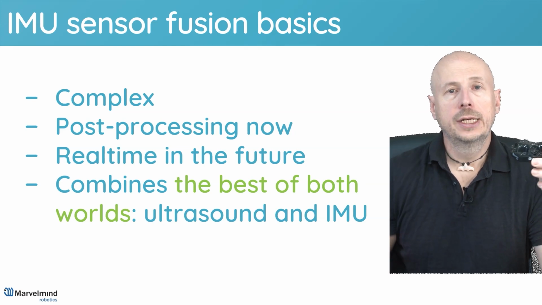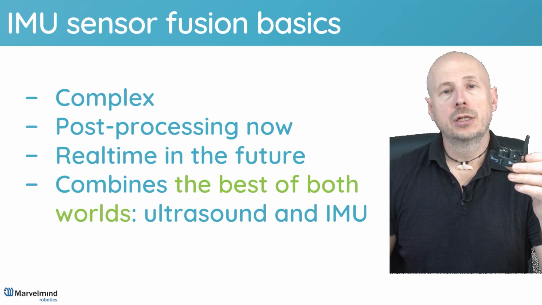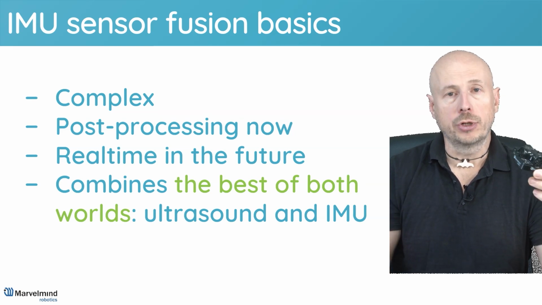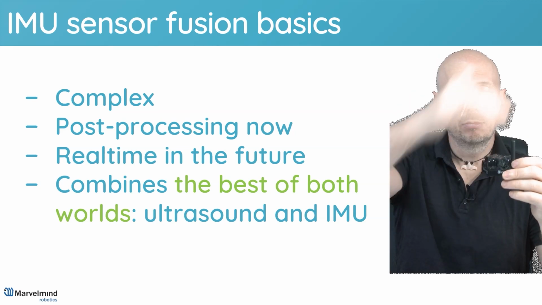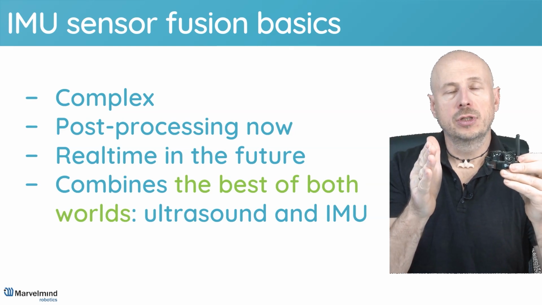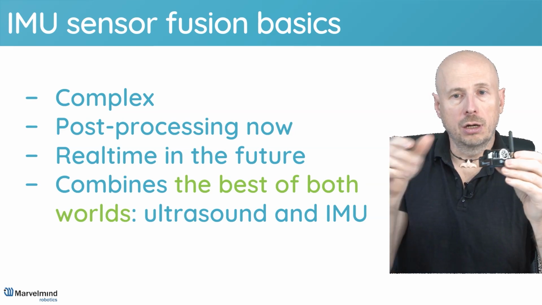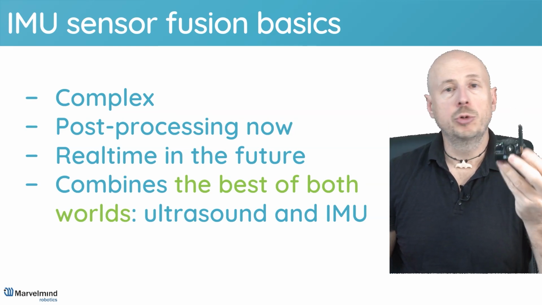So that's in short. It's very powerful, very strong, and you get basically everything perfect. 100 Hz, you get additional robustness, and you get additional accuracy, because ultrasound obviously can jump plus minus 2 centimeters, but IMU doesn't jump.